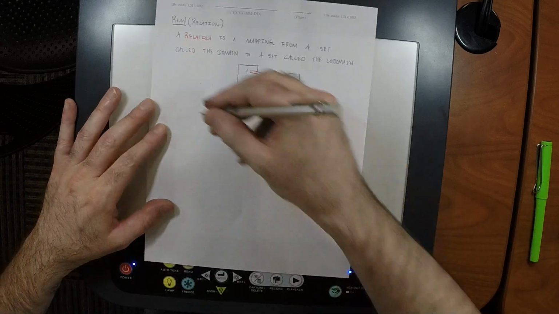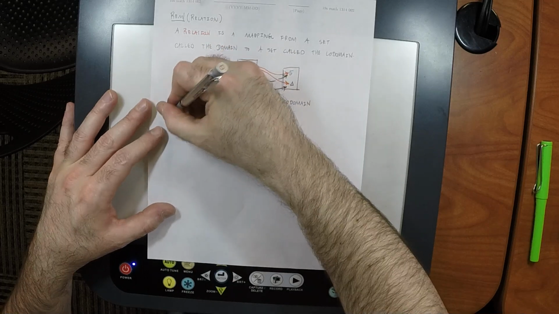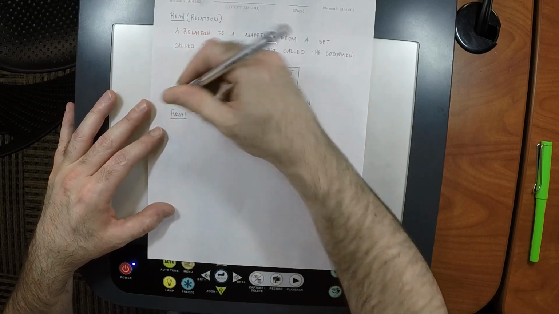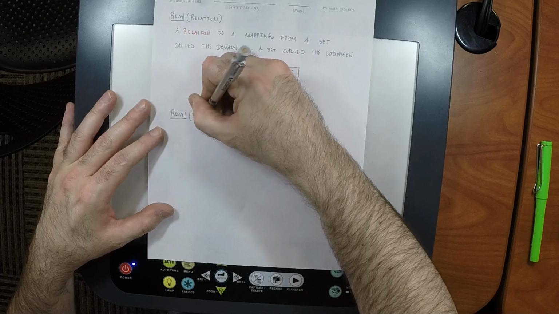All right, fine. But we are interested in a specific kind of relation, not just any kind. We are interested in a kind of relation called a function.